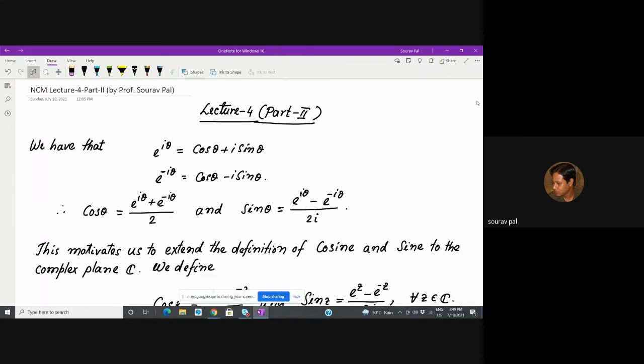And similarly, if you have a line parallel to the y-axis, it will be a circle. So these are all basic and elementary things we have learned in school. Now the point is that if you talk about the logarithmic function, at least for a branch, then it is a single valued function and it is the reverse procedure. So it will map that half ray back to the line parallel to the x-axis.